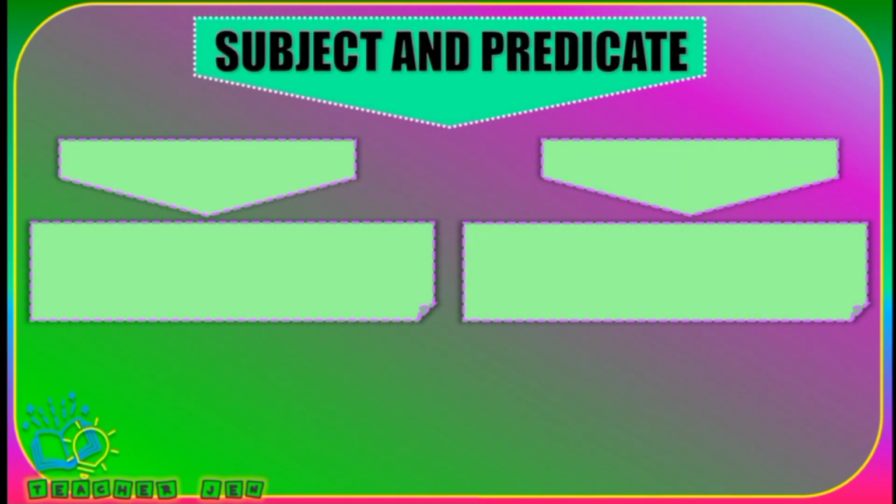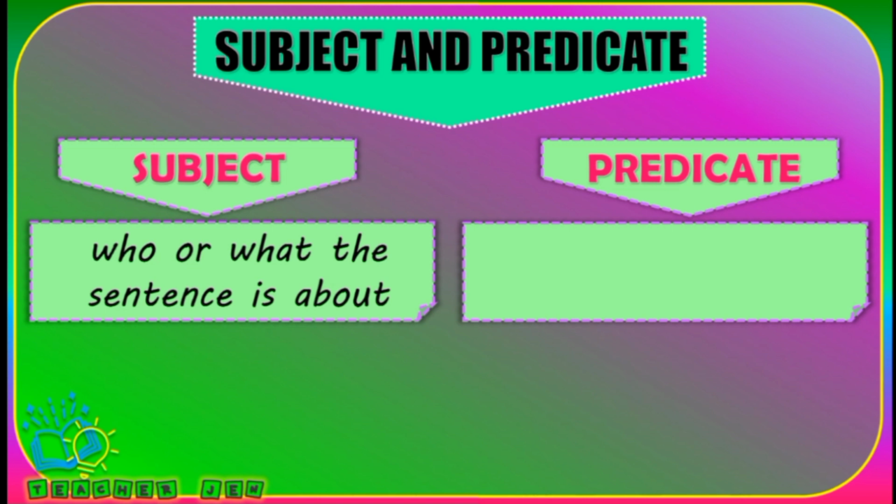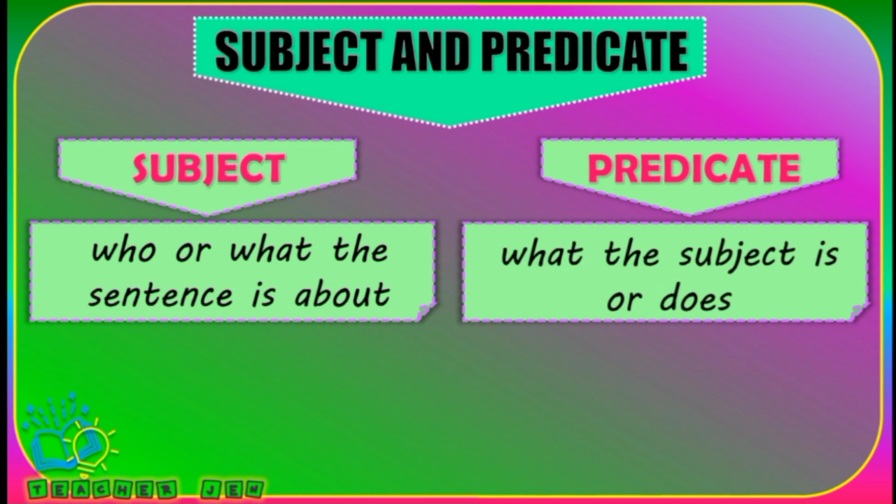Now, why are we learning about singular noun and plural noun? Take note that the two most basic parts of a sentence are a subject and a predicate. Remember that the subject contains the noun which serves as the topic of our sentence or the doer of the action. It refers to who or what the sentence is all about, while the predicate tells us what the subject is or does.